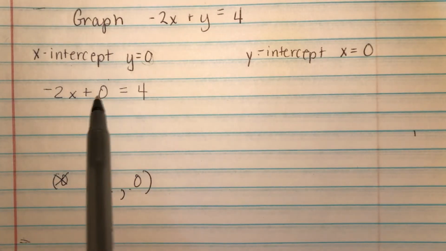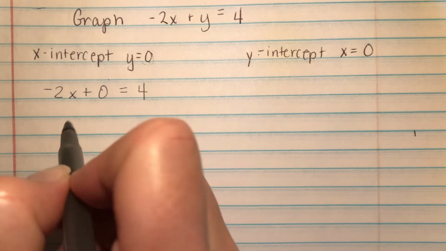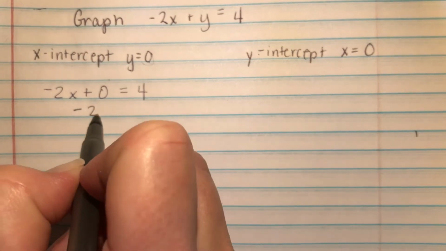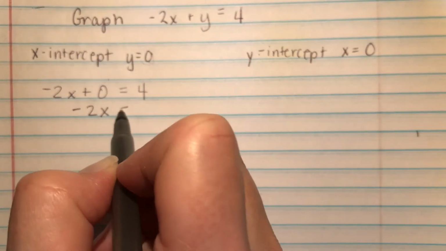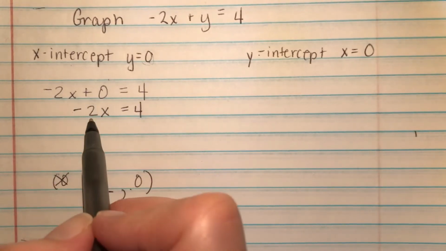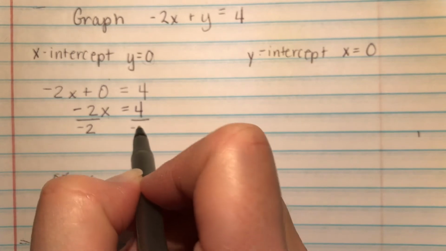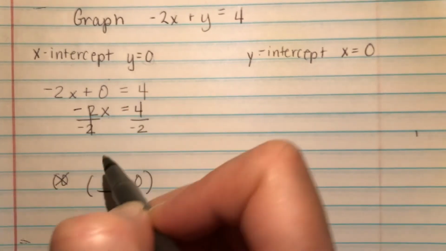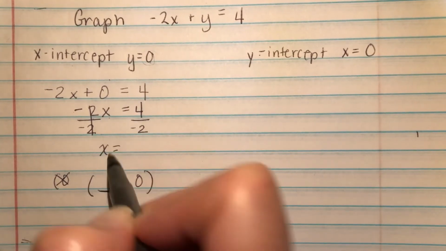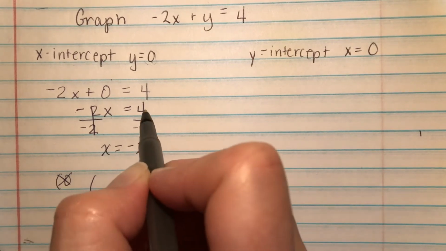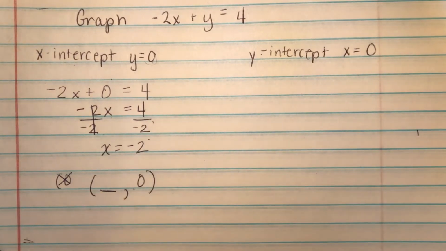So remember, that's really not even there, it's just a plus 0. So now I'm going to rewrite this as negative 2x equals 4. The opposite of multiplying by a negative 2 is to divide by a negative 2. Divide by a negative 2, cancel, and x equals negative 2, because 4 divided by negative 2 is negative 2.